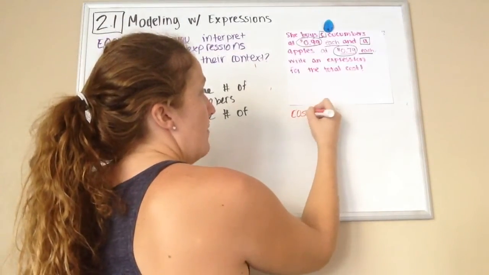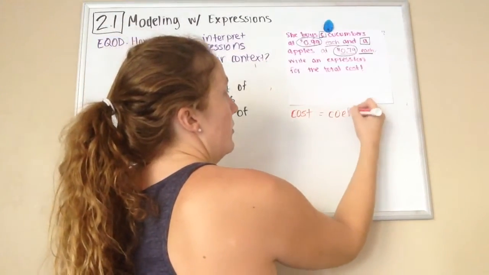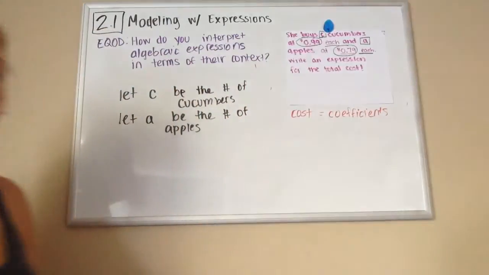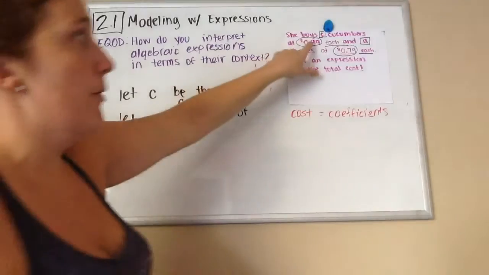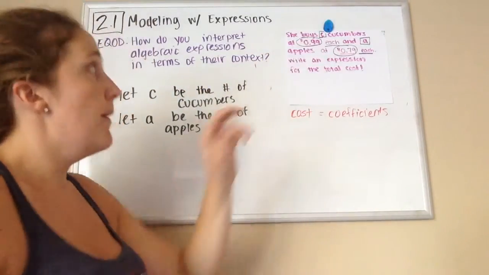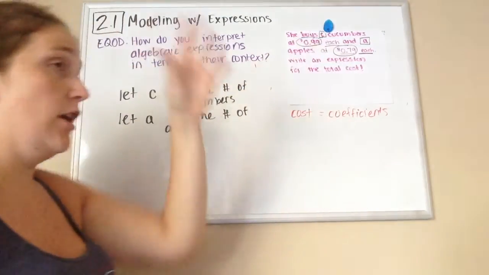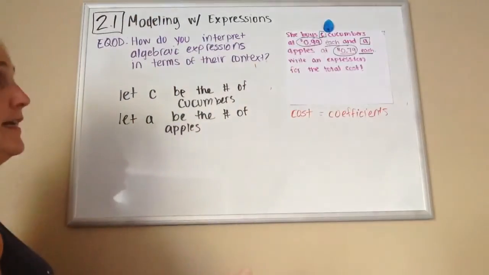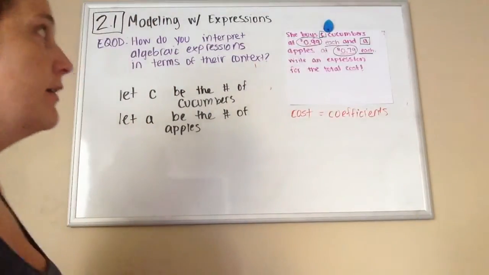So cost is equal to our coefficients. So if we bought one cucumber, it'd be 99 cents. If we bought 2 cucumbers, it would be $1.98. If we bought 3 cucumbers, it'd be $2.97, and so on.